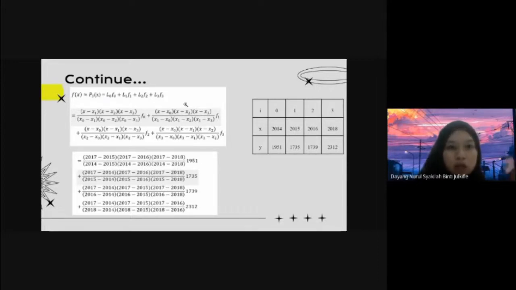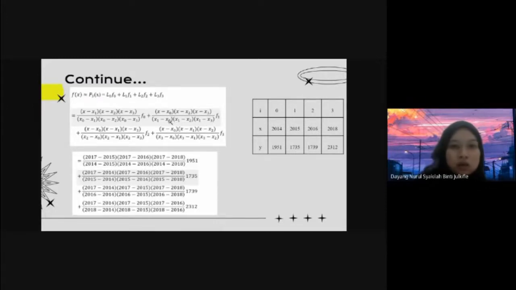For the L1 section, we take x1 as the denominator. So we change the x1 here to x0. We exclude the x0 inside this, but we put x1 as the denominator that we need to subtract from x0, x2, and x3.